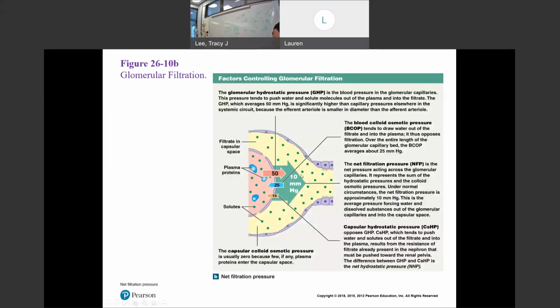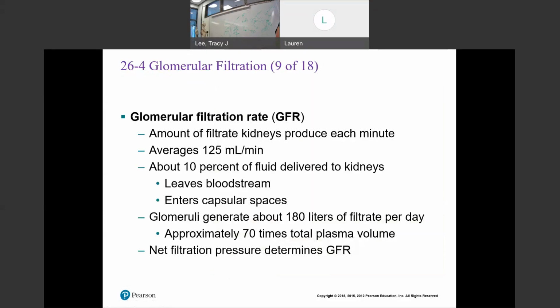This just shows my back pressure. So my back pressure waiting to go down the drain is 25. My filtration is 50. And I also have another capsular hydrostatic pressure, and this is my blood colloid osmotic pressure. So I'm filtering about 10, which is my glomerular filtration rate.